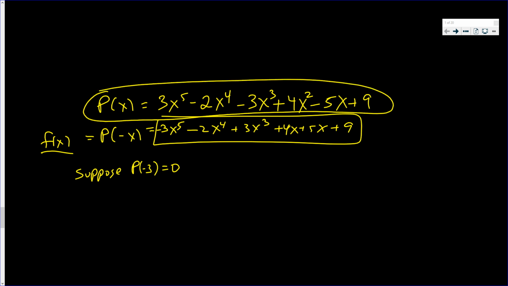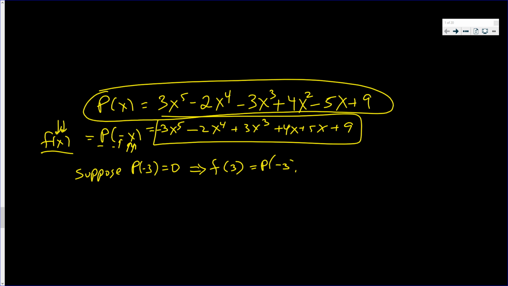But this is going to imply that f of 3 equals 0. Why? Because f of 3, so I plugged in 3 for x, I better plug in 3 for x here. It's not my fault somebody put a p and a left bracket and then a minus sign and then a 3 and then another bracket. And yes, p of negative 3 is 0.